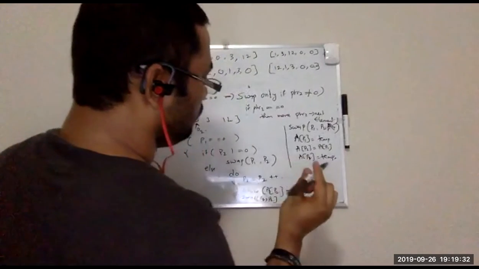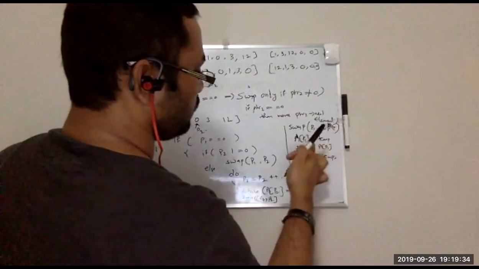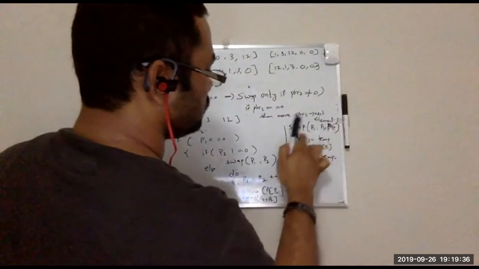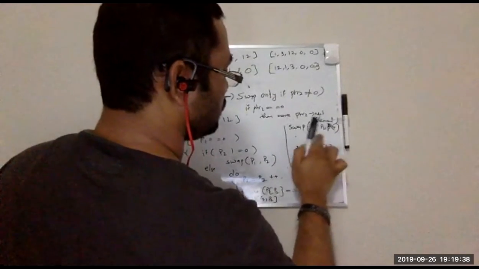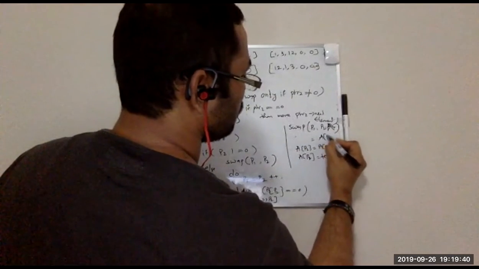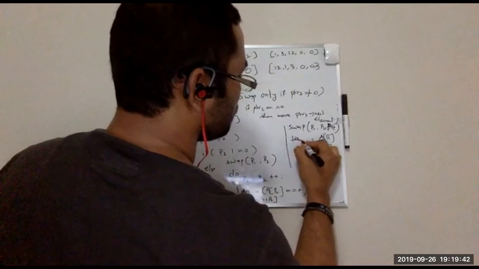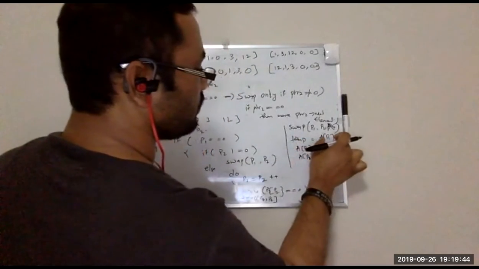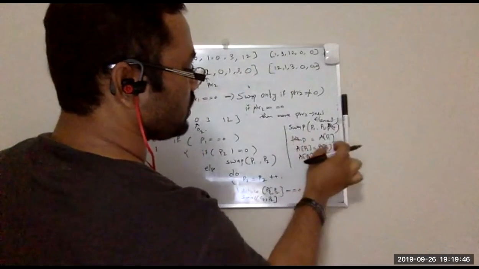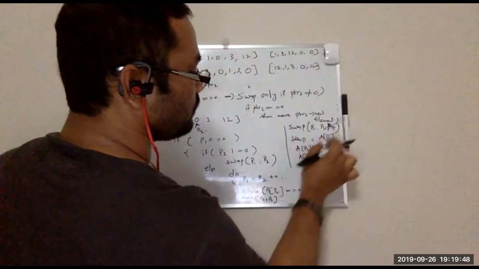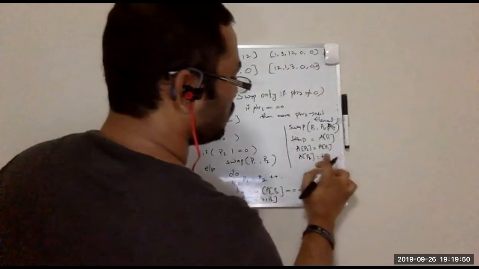One second. Okay, we store the A of P1. So this is wrong here. This is A of P1. This is temp. We store the A of P1 value in the temp, and we assign the A of P2 value to A of P1, and the temp value to A of P2.